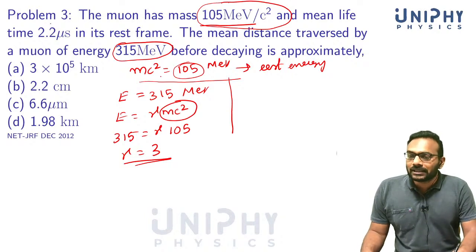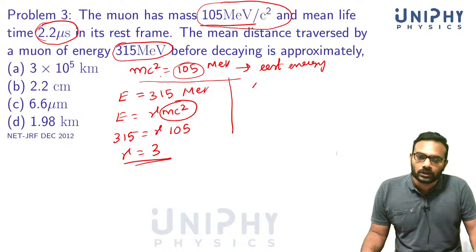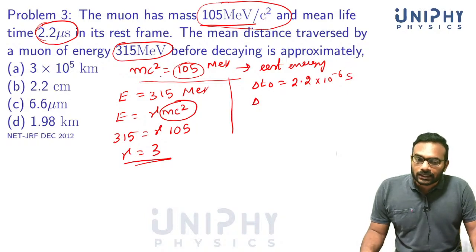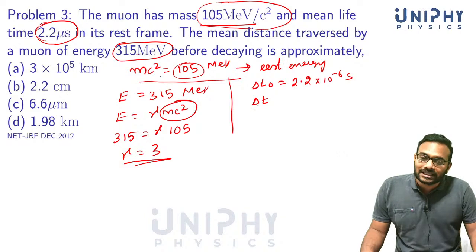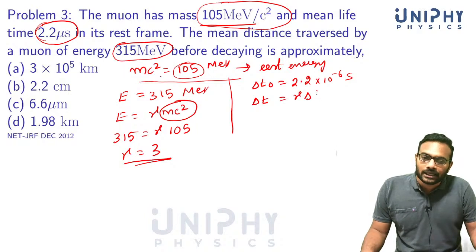It's given that delta T0, the proper lifetime in the rest frame of the muon, is equal to 2.2 into 10 raised to minus 6 seconds. So the lifetime as observed from a frame corresponding to gamma equal to 3 would be gamma delta T0.